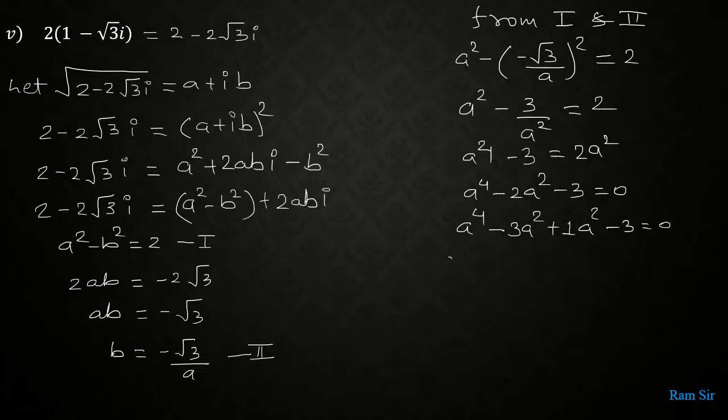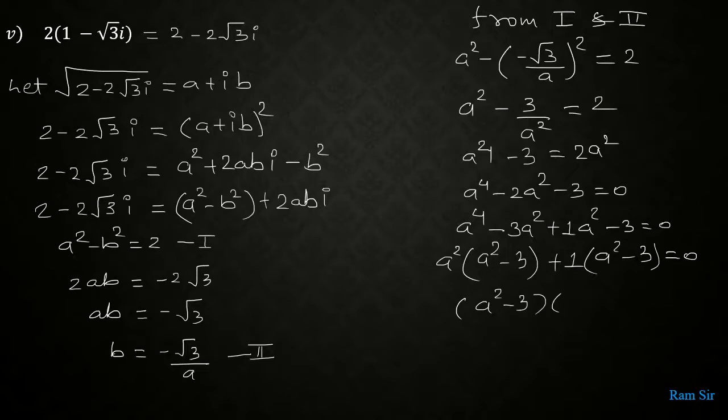So now we take a square common, left with a square minus 3. And in the next step we take plus 1 common, left with a square minus 3. The bracket that is in the first is the same in the second, so we can take that common. So we get a square minus 3 multiplied by a square plus 1, which is equal to 0.